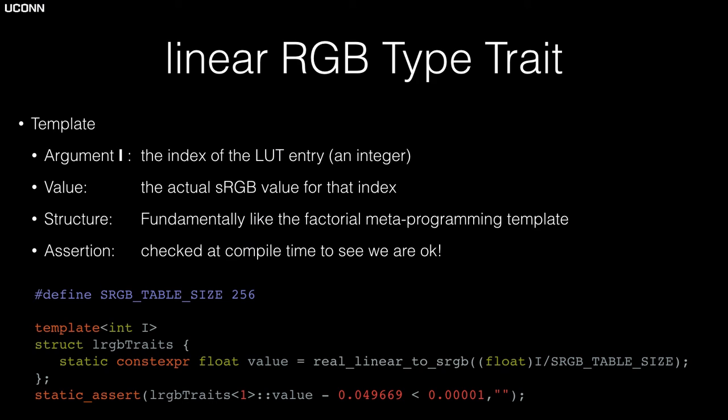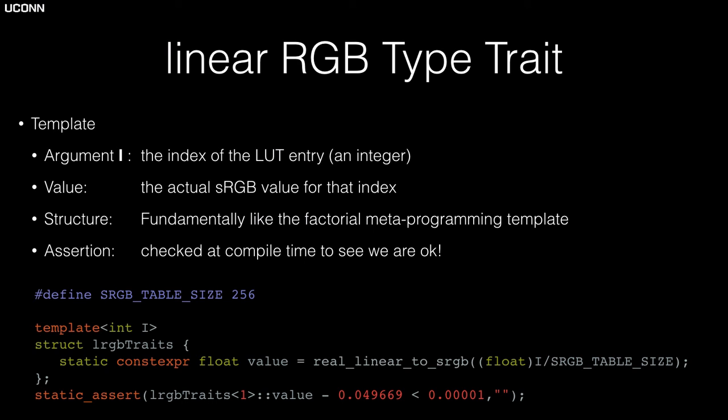So before we look at it, remember that what I want to have is an argument that's an index into the lookup table. Right? That's the position in the lookup table. I'm going to call it I in the code that's down there. Focus on both things. It's argument I that's the index in the lookup table. The value will be the result of the conversion according to the RGB, or the linear to sRGB conversion.